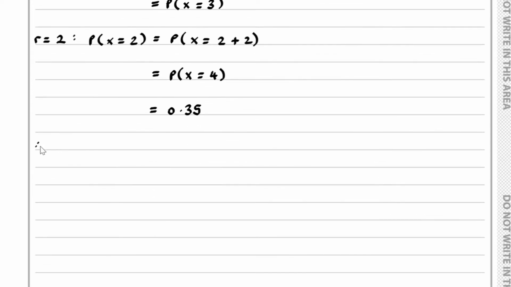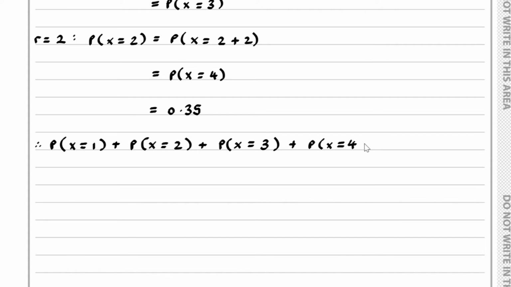And therefore, we know probability adds up to 1. So we've got the probability that X equals 1, plus the probability X equals 2, plus the probability that X equals 3, plus the probability that X equals 4, is all equal to 1.